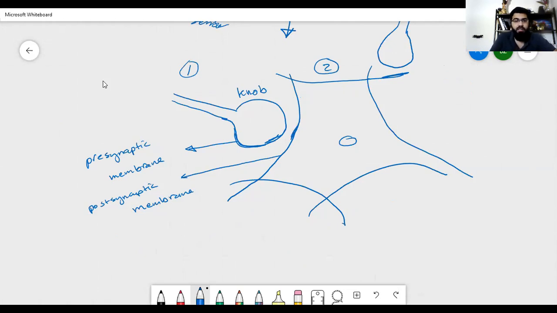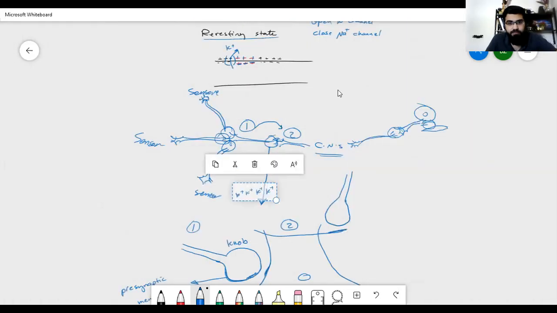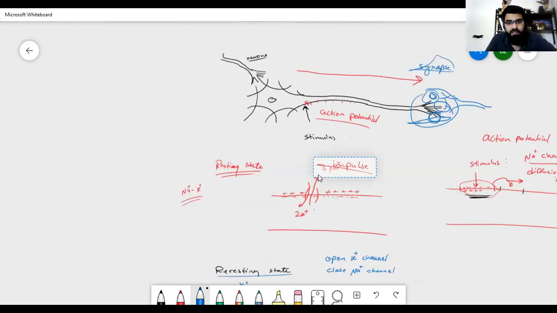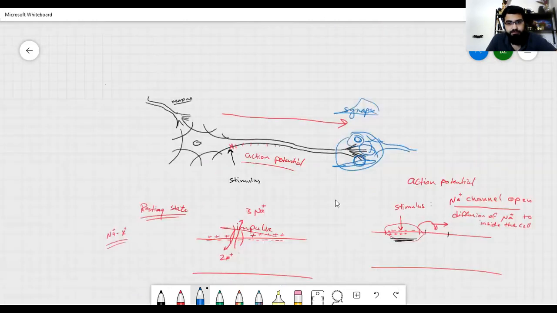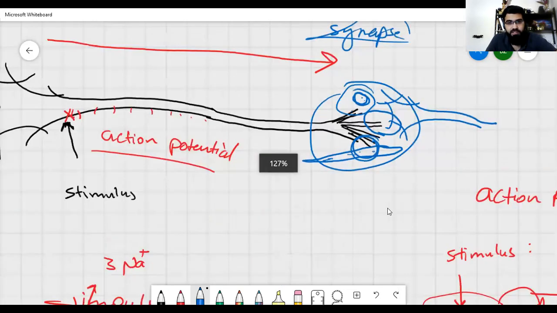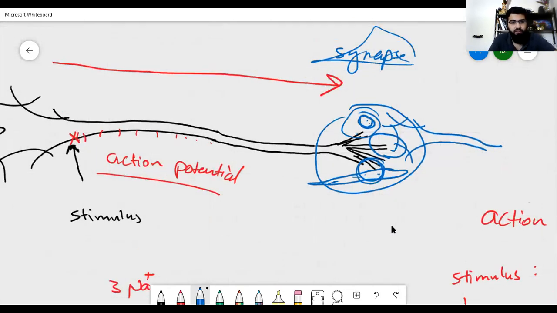We said before, the impulse travels along the axon to the terminal, to the knob. Then the impulse travels to the next neuron. How does it travel? Now the message arrived at the knob. What will happen?